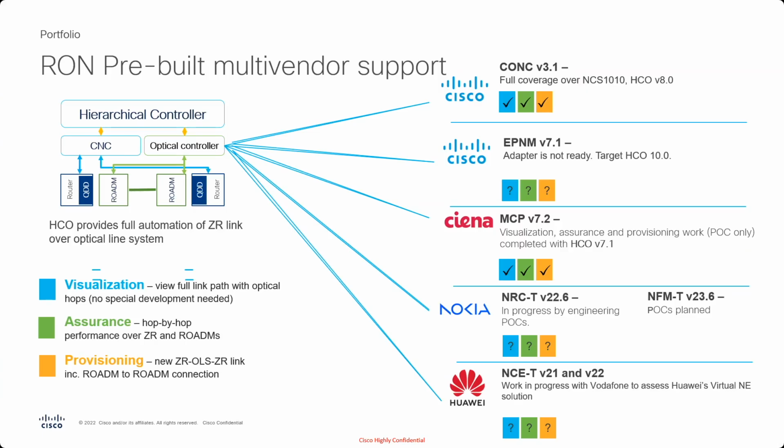So in case you have this kind of engagement, don't stop yourself and say, oh, I'm not selling this because Nokia for version, I don't know, 23 or 24.x in the NRCT is not supported yet.